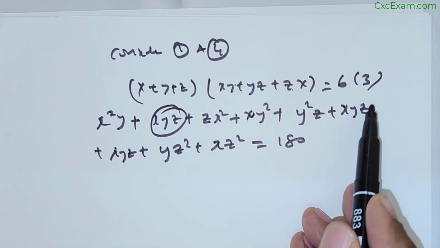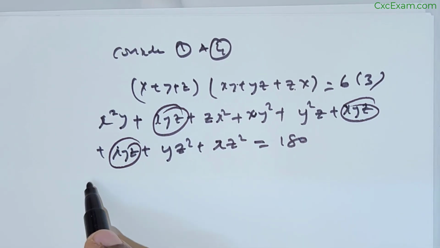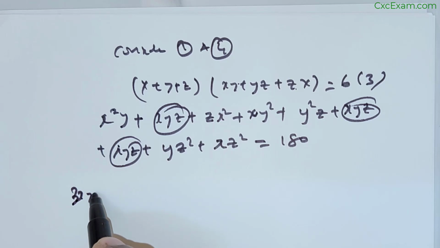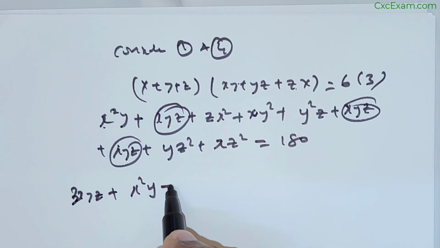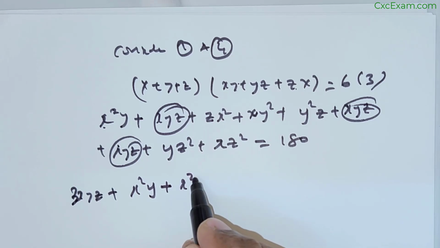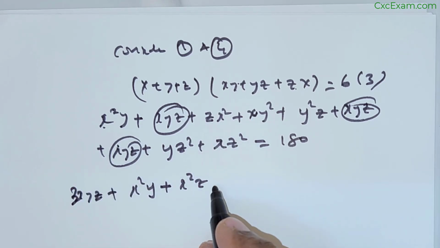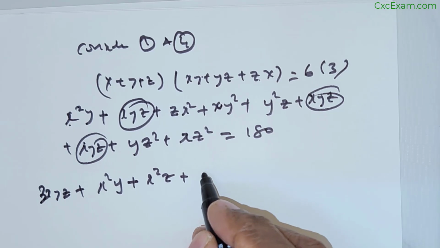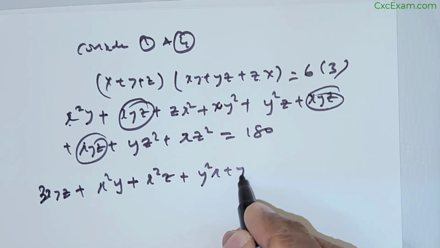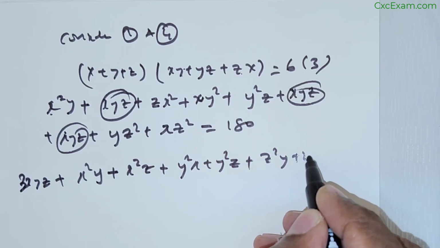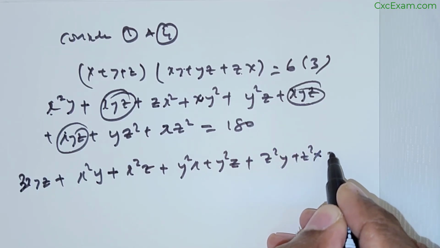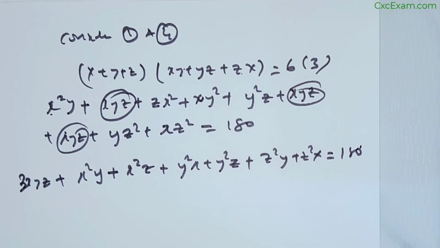Now I have xyz, xyz, xyz, so I take it as 3xyz. Now x²y, plus x²z, these two terms, plus y²x, plus y²z, plus z²y, plus z²x is equal to 180.